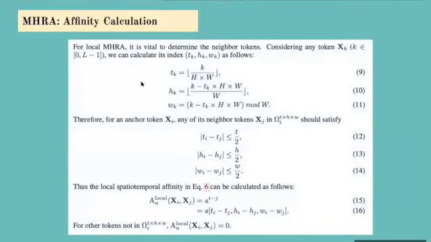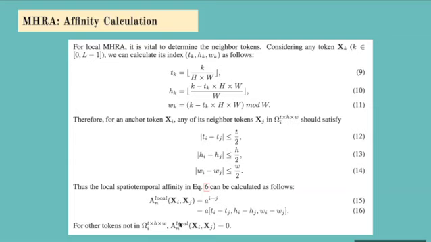Here, this is where the affinity is being calculated, as I had said. So this is a continuation from equation 6. In equations 6, 9, 10, and 11, they are calculating the indices of every single token in the neighborhood omega I. Then equations 12, 13, and 14 make a check as to whether the tokens being considered are matched within this neighborhood or not.